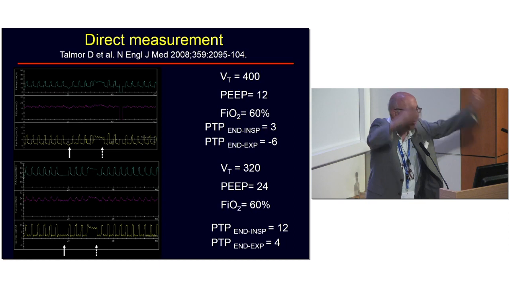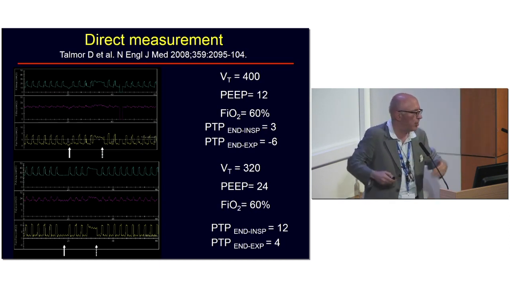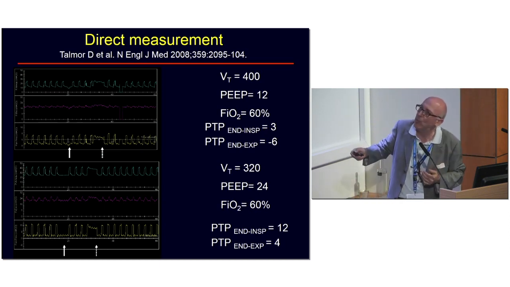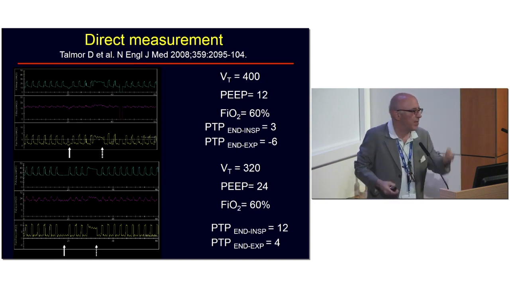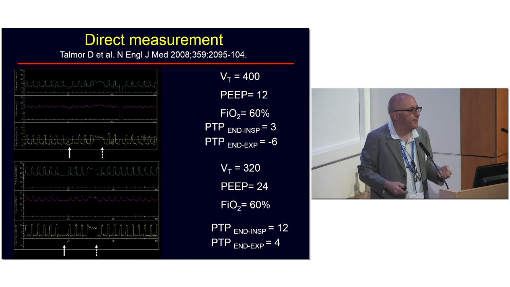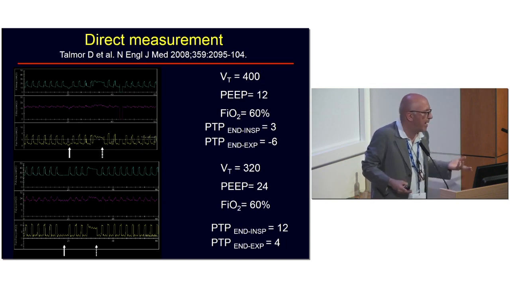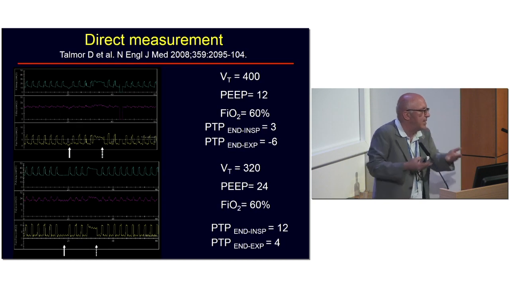You measure the airway pressure, you measure the esophageal pressure, and you take the difference between the airway pressure and the esophageal pressure. So you assume that the esophageal pressure is the equivalent of the pleural pressure. But I showed you that this is not the truth. This is just the average pressure, but not the regional one.